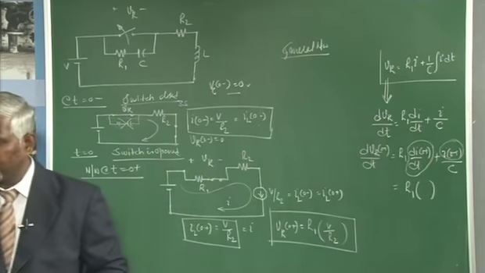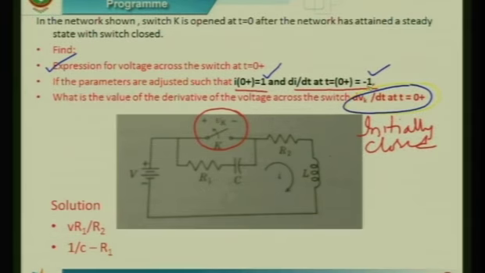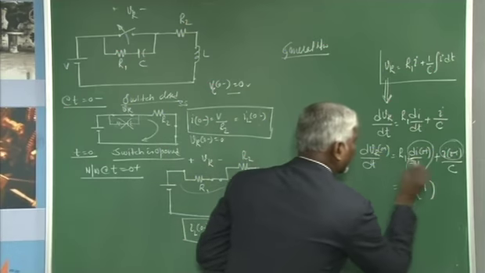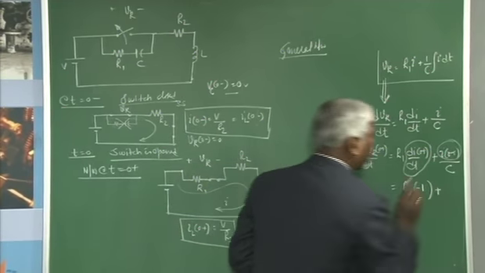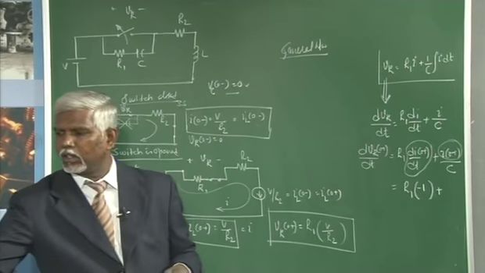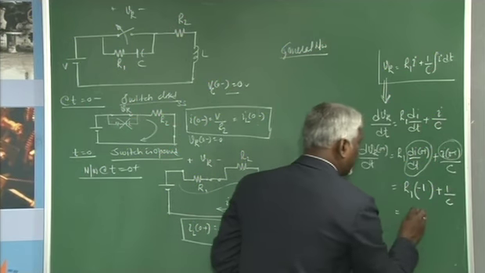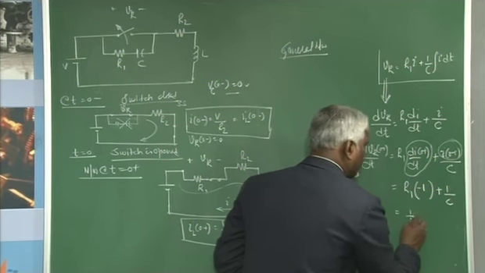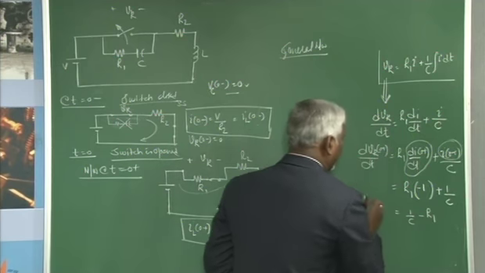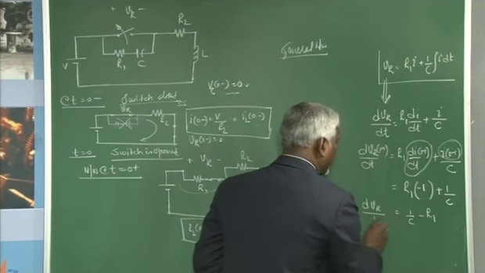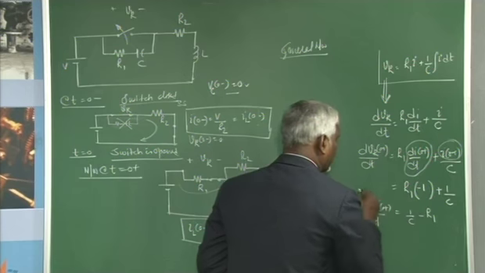If you look at the problem, di by dt is minus 1, plus I at 0 plus is 1. Substituting them, it is 1 by C minus R1, which is dVk by dt at 0 plus.